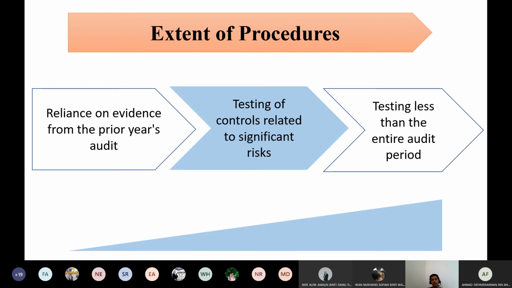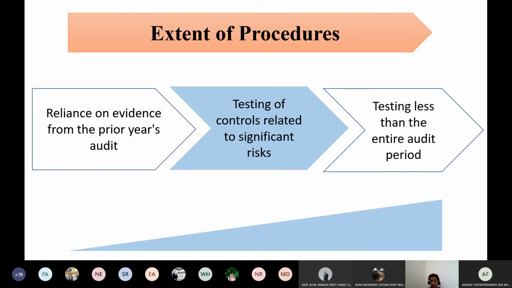If there are any changes and the auditor is confident enough with the internal control effectiveness, they may rely only on the evidence that came from the previous audit. Or should we conduct testing of control related to significant risk? So let's say they have certain significant risk.